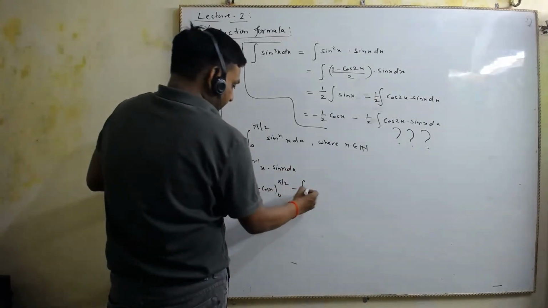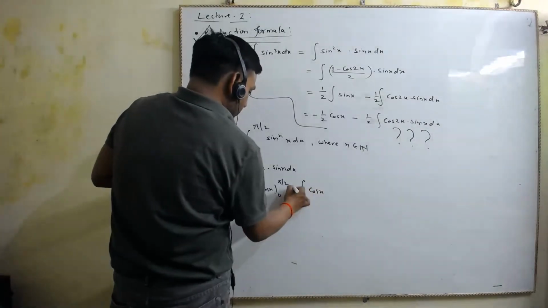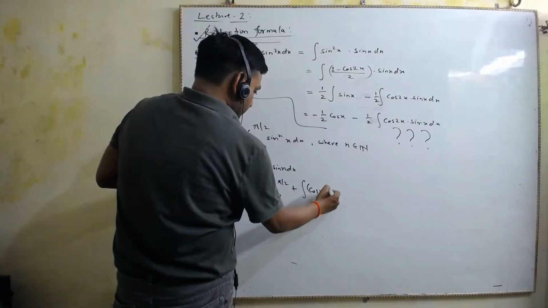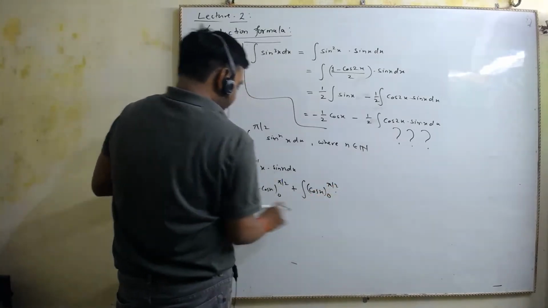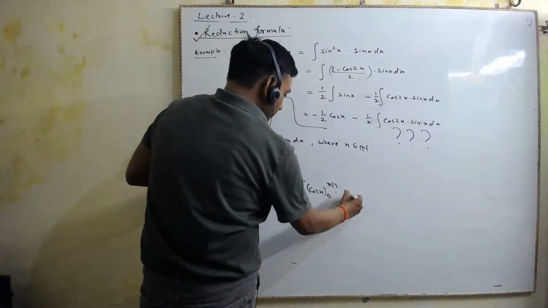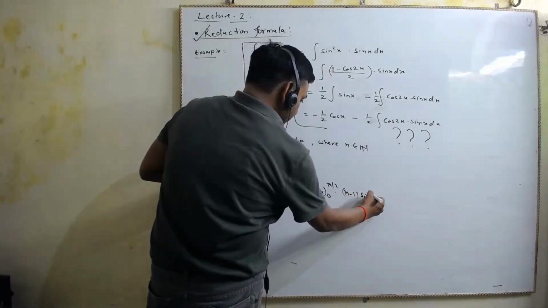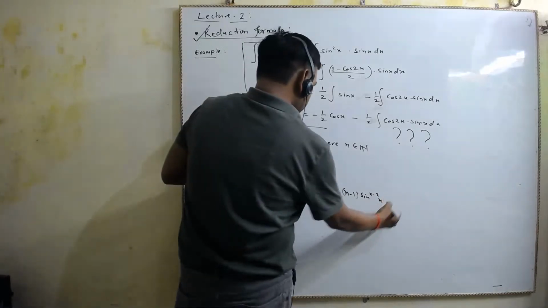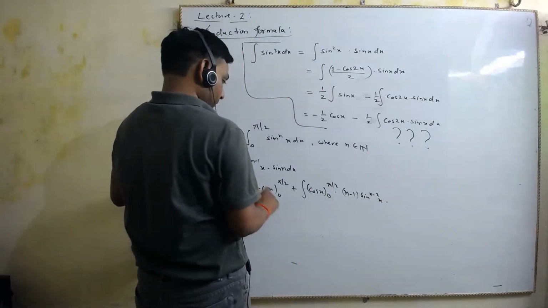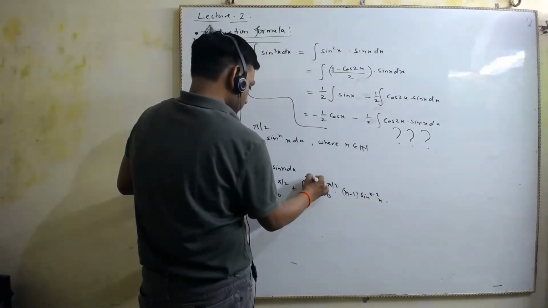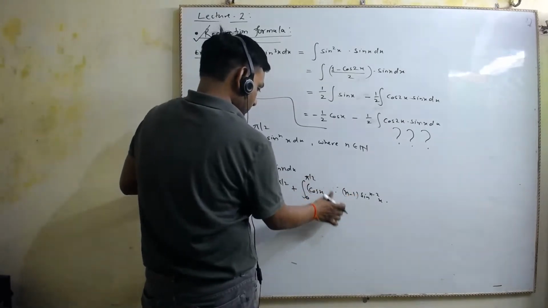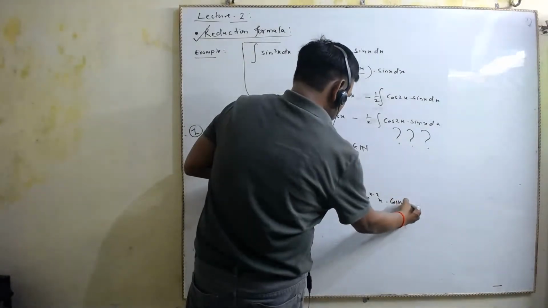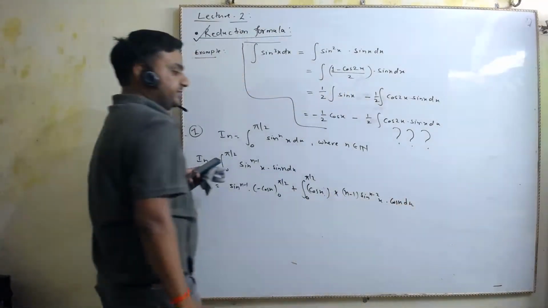So its integration, that is minus cos x, from 0 to pi by 2, then differentiation of sin^(n-1), so (n minus 1) sin^(n-2) x into the differentiation of sin x, cos x dx.